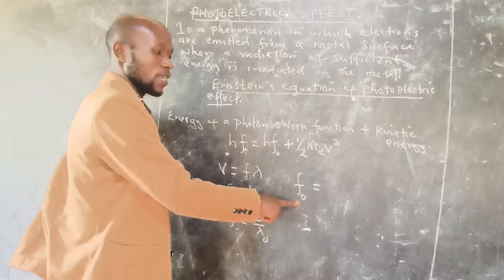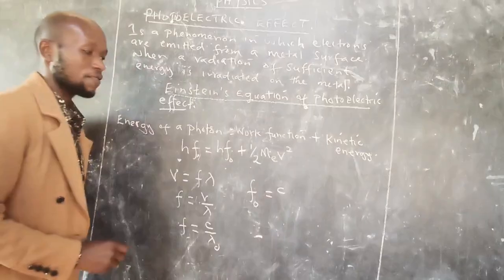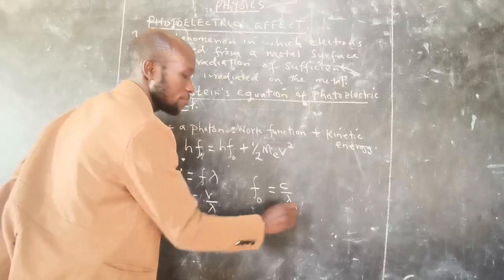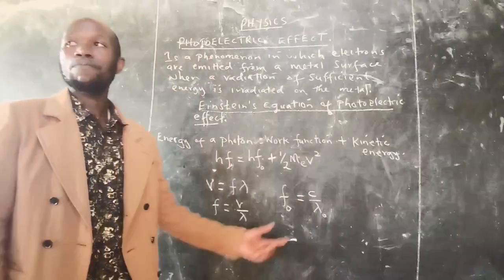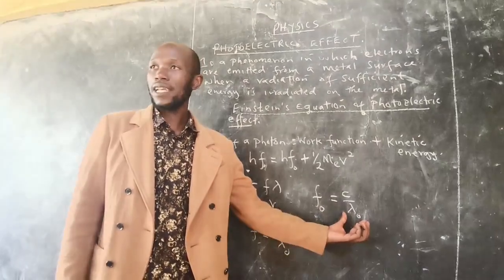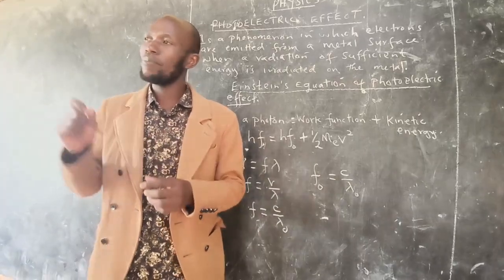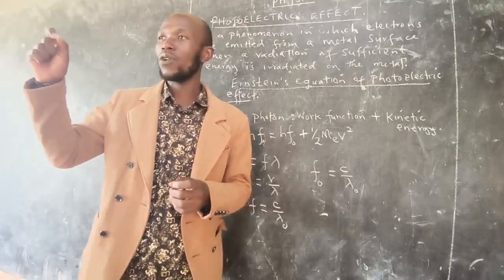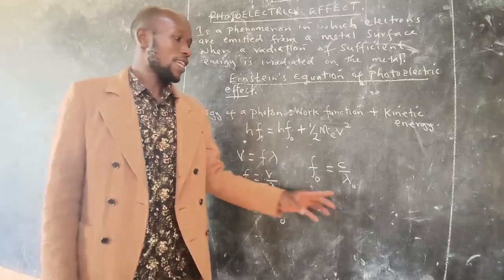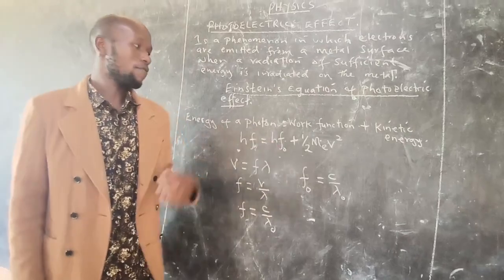Therefore, threshold frequency is given by the velocity of the radiation in a vacuum divided by the maximum wavelength. Now, the maximum wavelength is the wavelength of a radiation beyond which there will be no emission of electrons from a metal surface. Therefore, we can substitute this in our former equation.